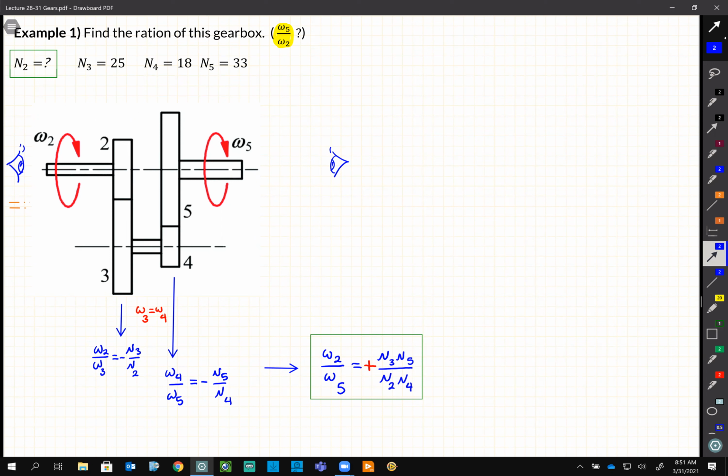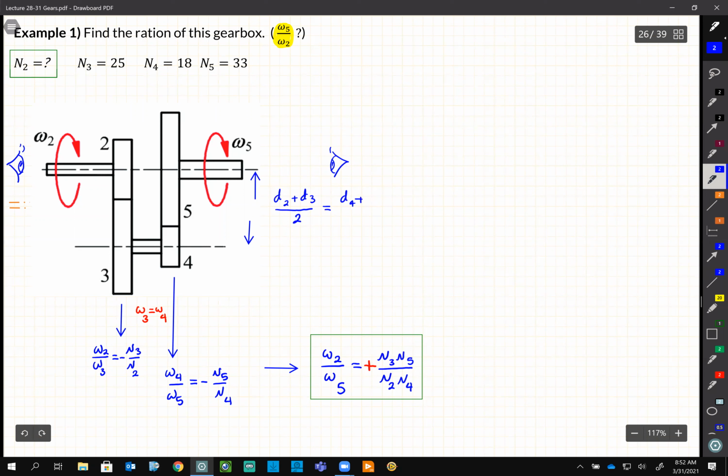No? So I'll give you a hint. What is the distance here? It is either d2 plus d3 divided by 2, or it is d4 plus d5 divided by 2. Do you guys agree?